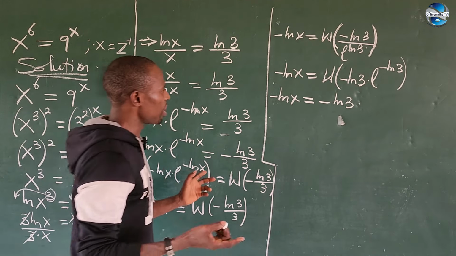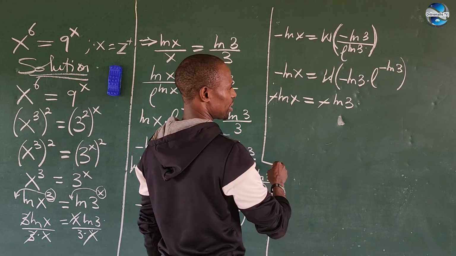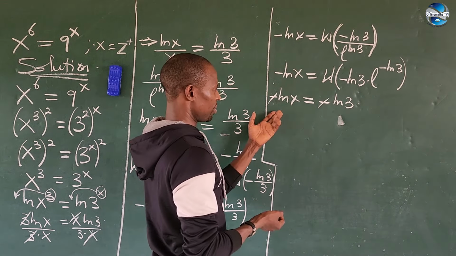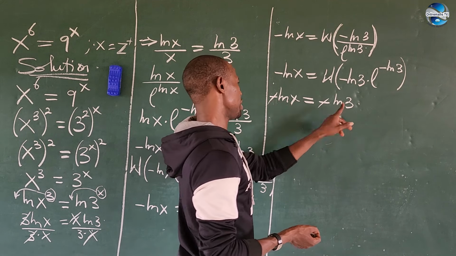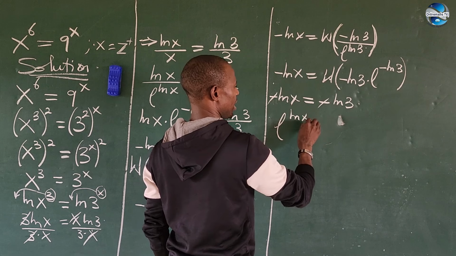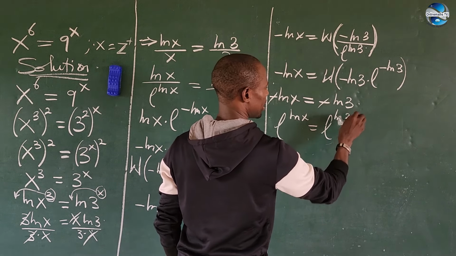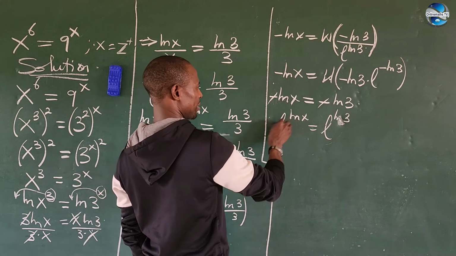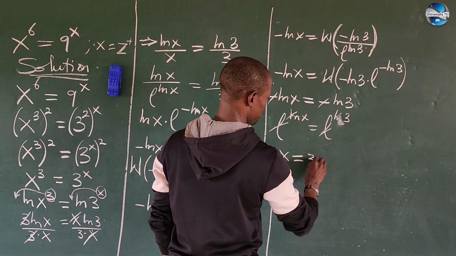So from here, minus goes with minus. For us to get our x, we now write e to the power of this, the exponential of both sides. So we have e to the power of ln of x is equal to e to the power of ln of 3. So this cancels with this, and we now have our x equal to 3.